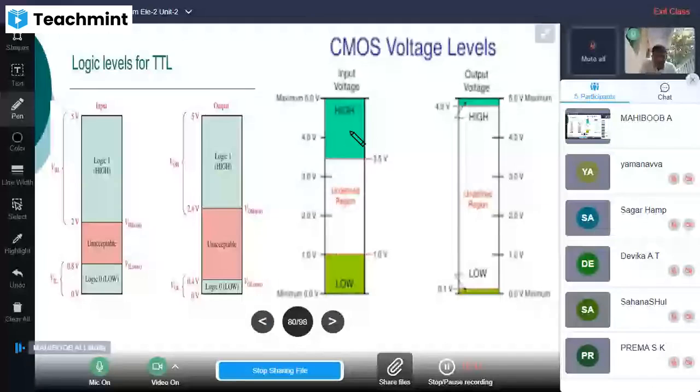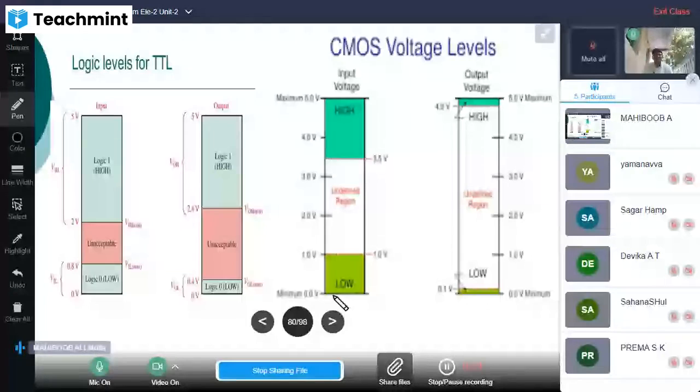For CMOS, high is from 3.5 volts and above. Below 3.5, it is forbidden. Few CMOS ICs go up to 1 volt for low. This is VIL maximum and this is VIH minimum, up to 5 volts, for the CMOS ICs which work from 0 to 5 volts.